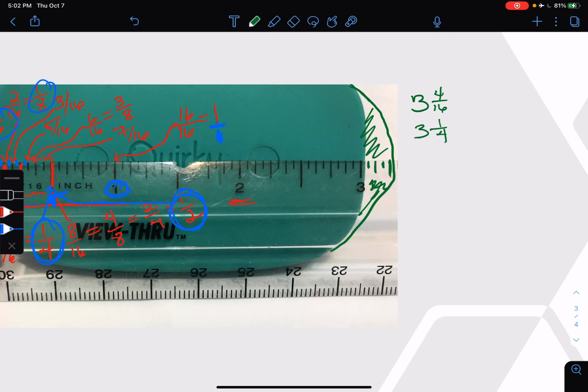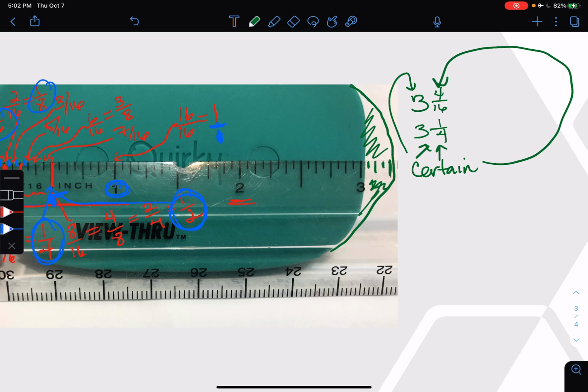And those are both certain. So you have dashes for those 2 increments, those 2 measurements, and then you want to go ahead and make a guess, which is right in here.